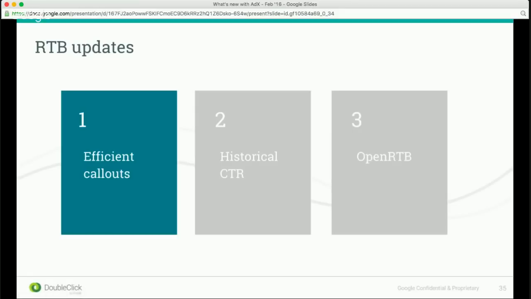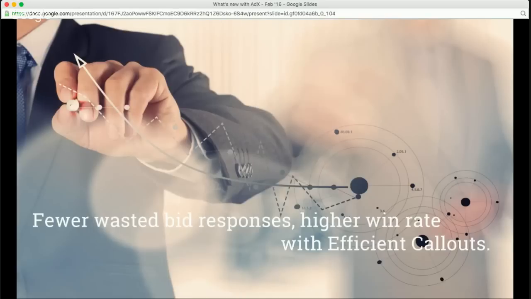So, efficient callouts. The core idea behind what we're doing is to help you make more efficient use of your limited QPS. In an ideal world, machine resources are super cheap, and you can get access to the entire exchange and bid on anything that you're interested in.